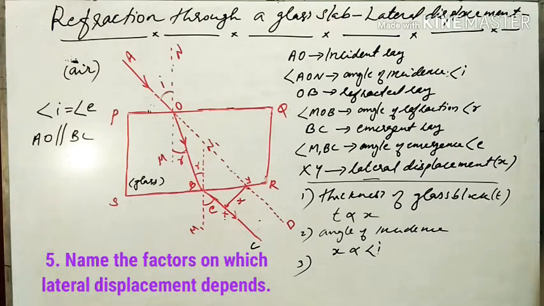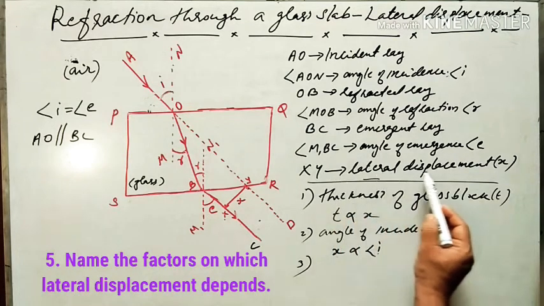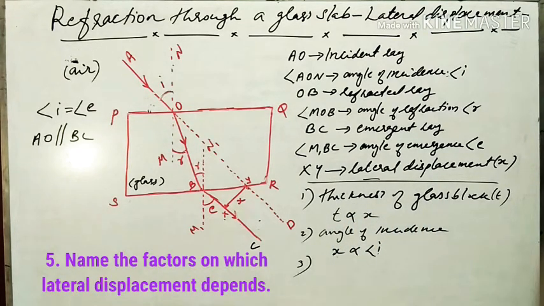And the third factor, the lateral displacement depends on the refractive index of the material medium. The lateral displacement depends on the refractive index, mu of glass. How will it be depending on refractive index?